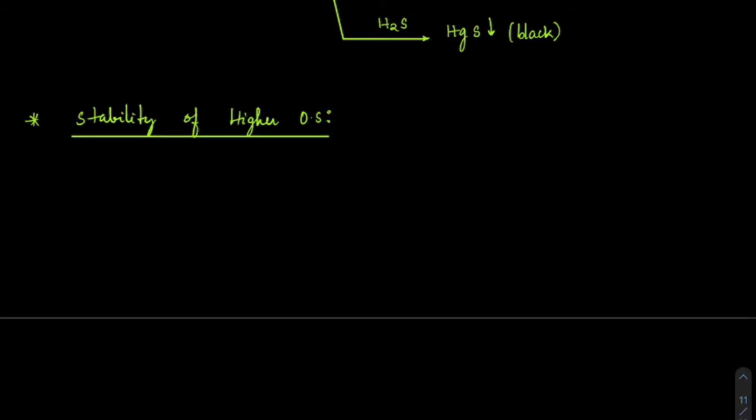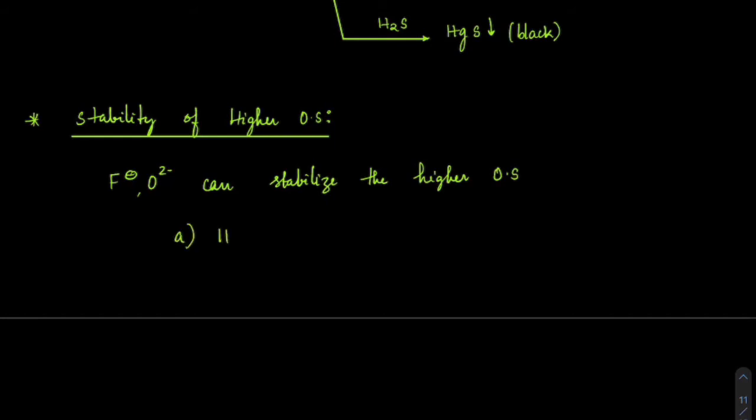Okay. What happens if you have F⁻ and O²⁻? Got it? They can stabilize. These two ions can stabilize the higher oxidation state. Okay. Got it? How can they stabilize?